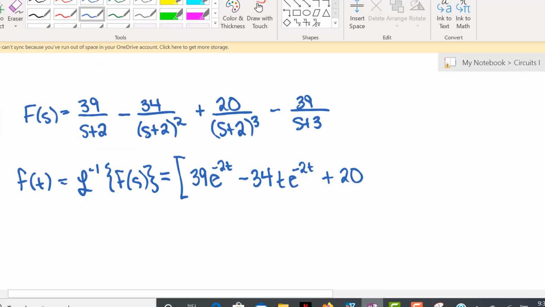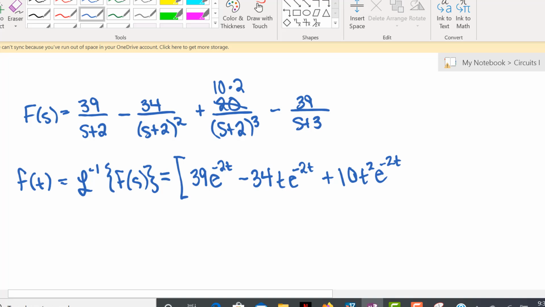So what I really want to do is save. So instead of thinking of that as 20, let's think of it as 10 times 2. And this is where I said, well, I might have to kind of mess with that 20 because I want the 2 in the numerator. So I'll leave the 2 there, but pull the 10 out in front. And then it was t squared, e to the negative 2t.